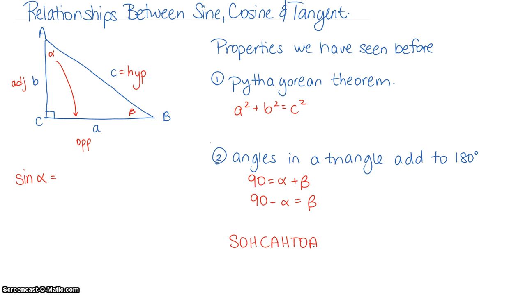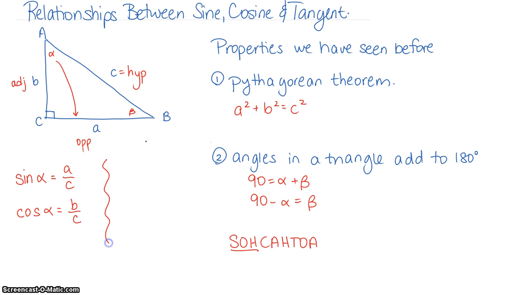Make sure you know how to spell it. My opposite in this case is a, so it's a over c. Now if I was to look at cosine of alpha, that equals adjacent over hypotenuse. That's going to be b over c.